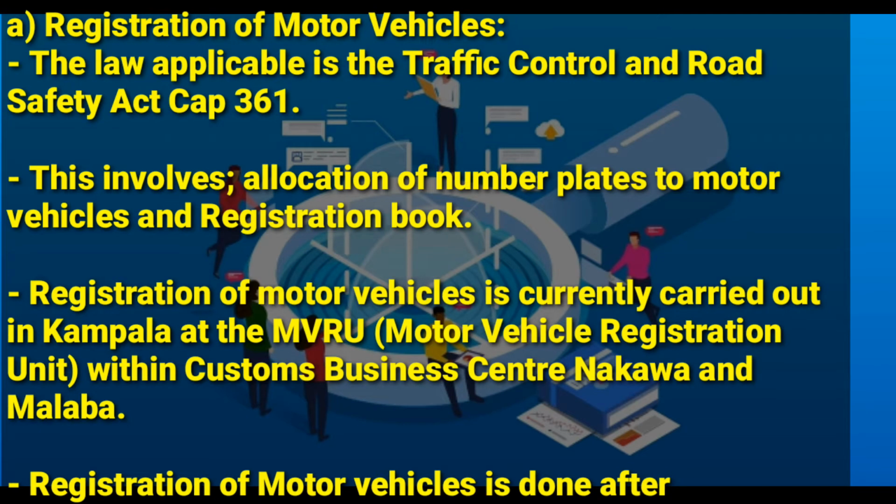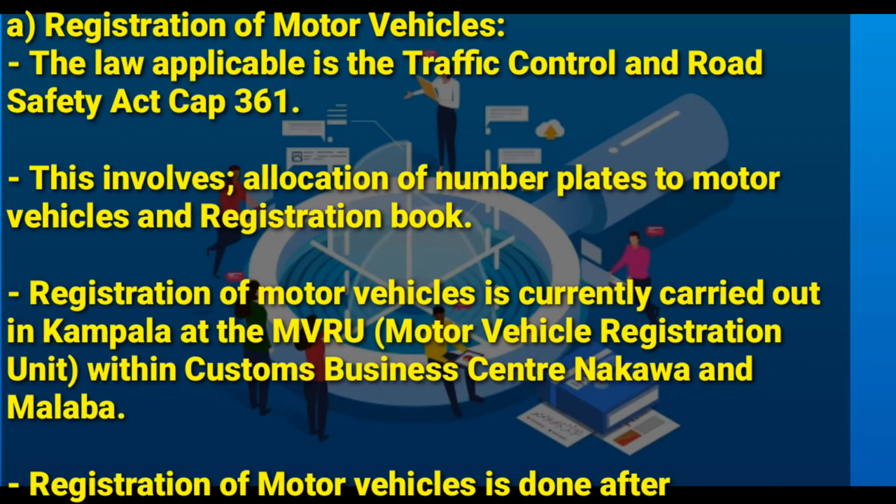The first source of non-tax revenues is registration of motor vehicles. The law applicable is the Traffic Control and Road Safety Act, Cap 361. This involves allocation of number plates to motor vehicles and registration book.